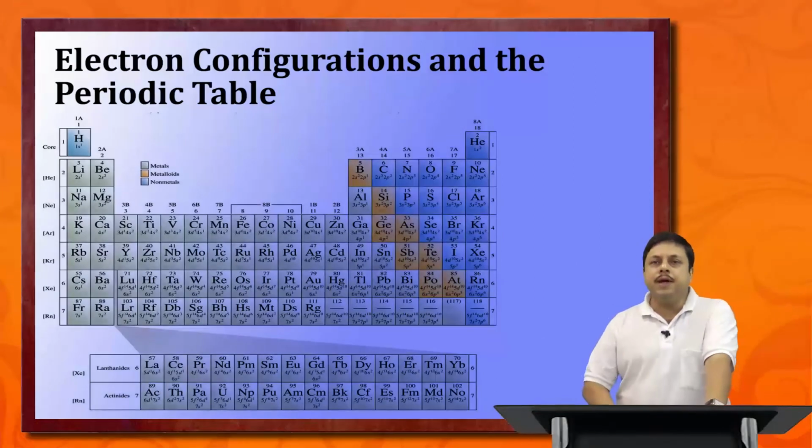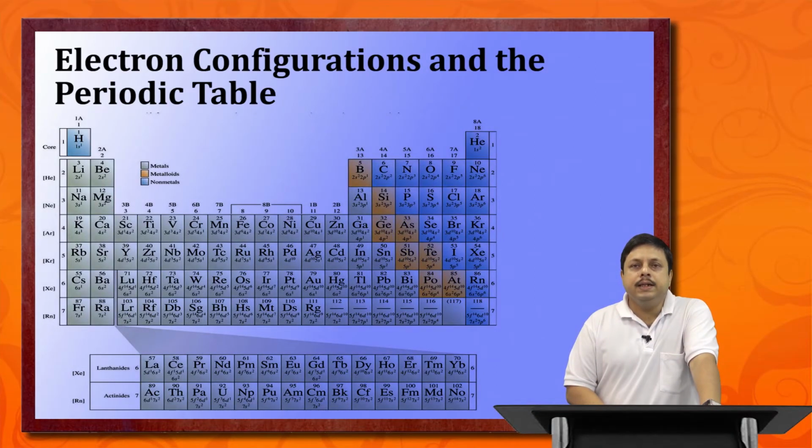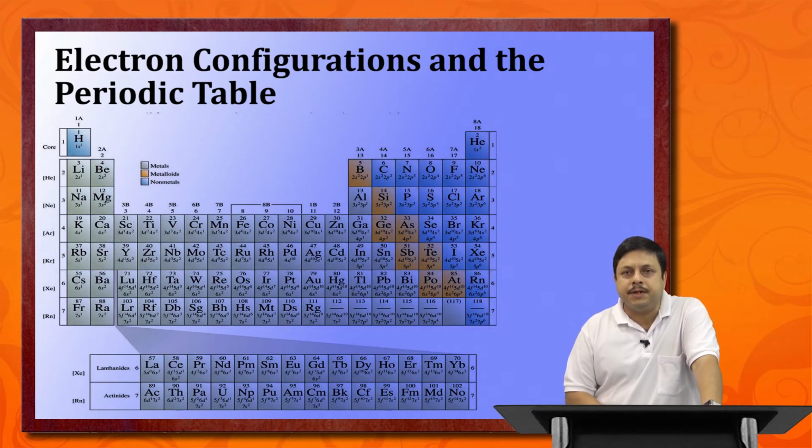So if you look at the periodic table, this group of alkali metals followed by the alkaline earth metals, and this chunk starting from scandium going over to zinc, is a representation of the corresponding transition metals.